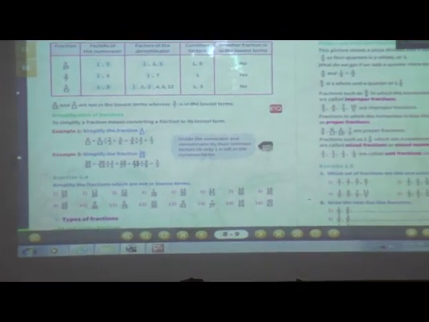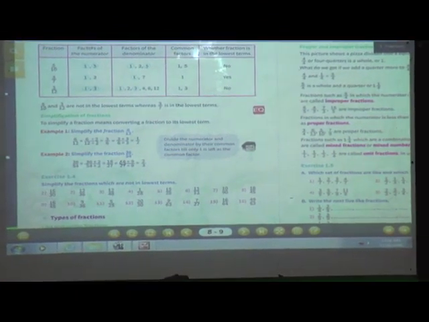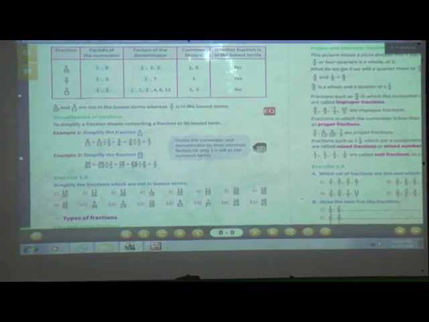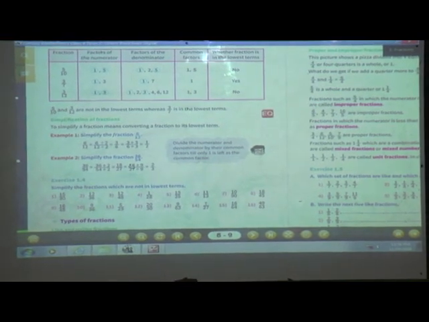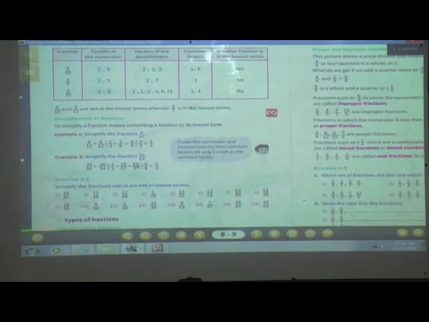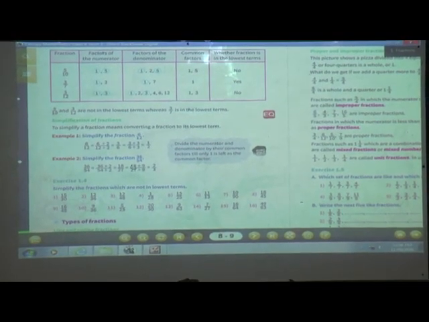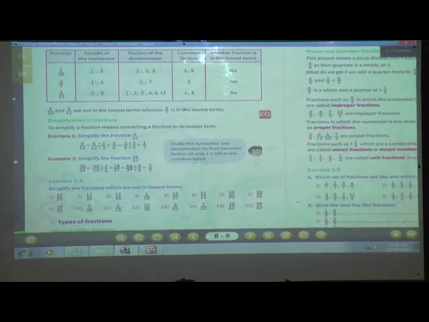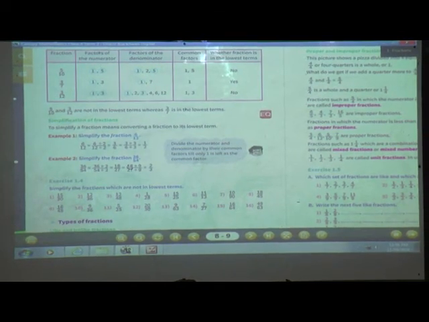But before that let me revise some of whatever we have studied till now in short. If the numerator and denominator of a fraction are multiplied or divided by the same number, we get an equivalent fraction. We have studied, isn't it? Yes or no? Yes.